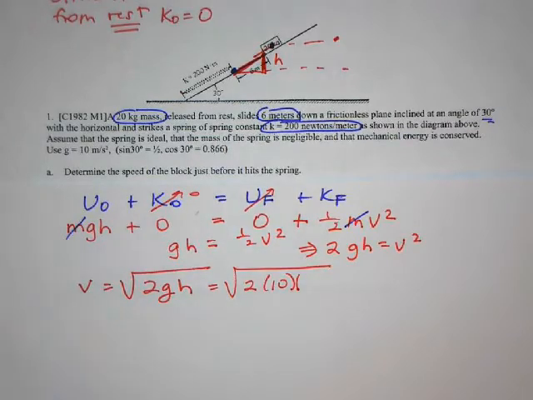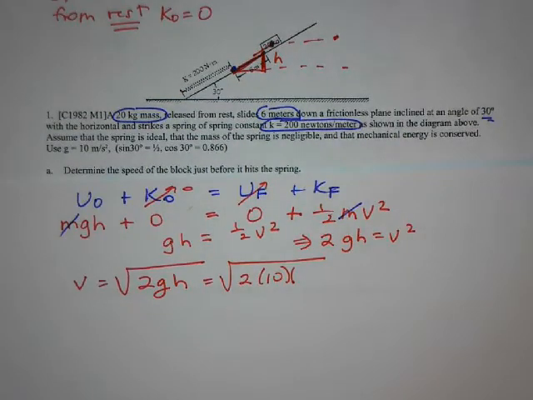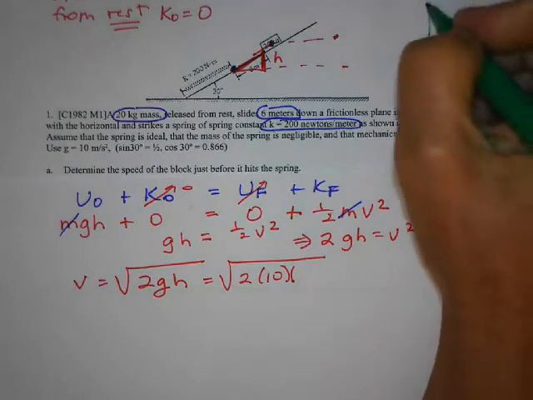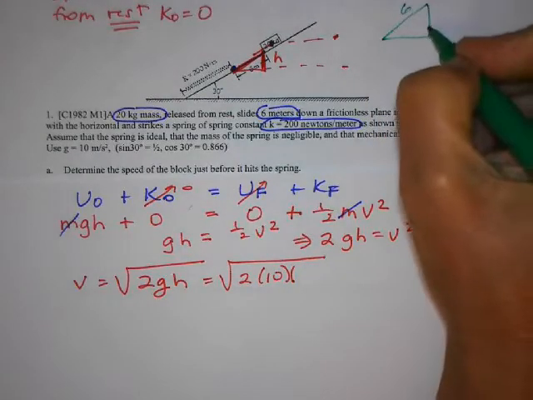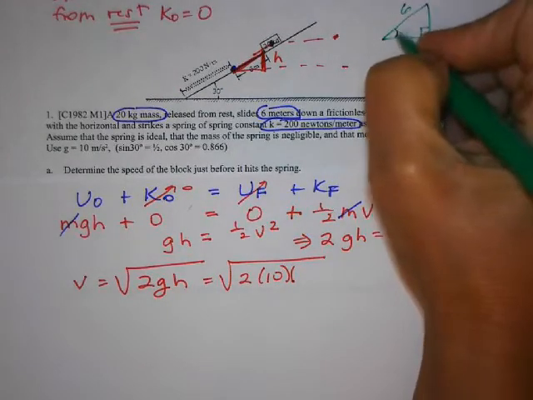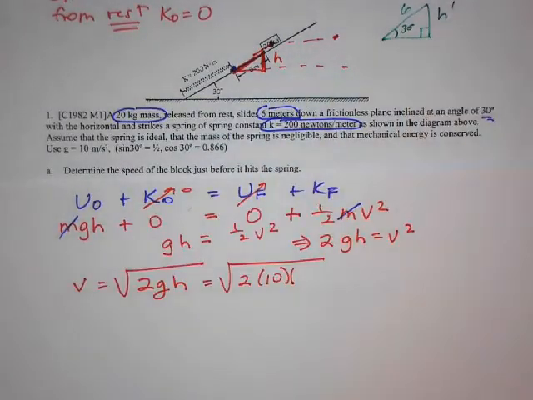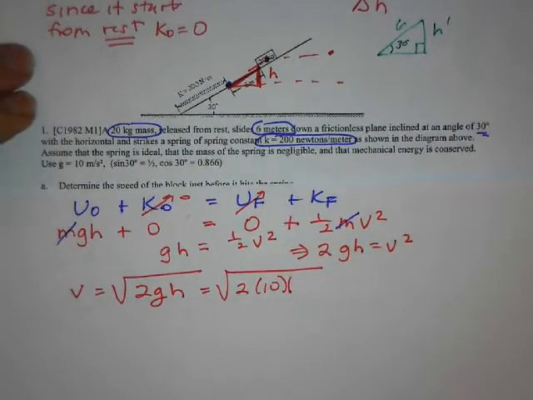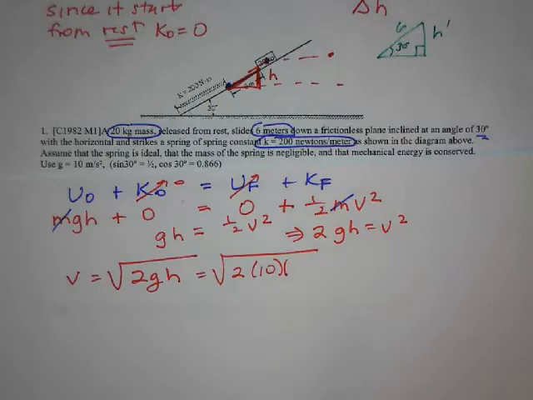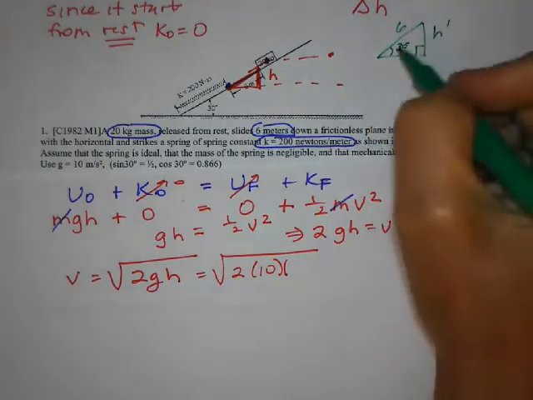This is where I take my knowledge of geometry. If this is 6, and I know this is 30 degrees because of similar triangles, this is what I want to find, which I'm going to call h prime. To find h prime, you can write your definition.